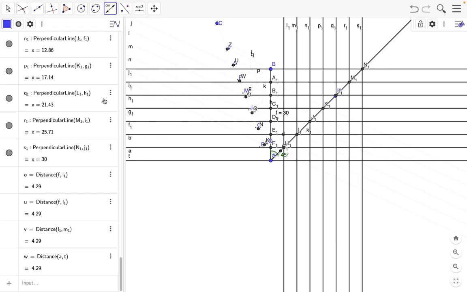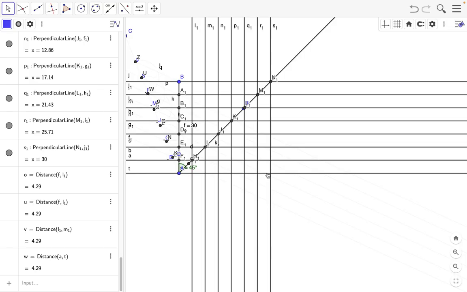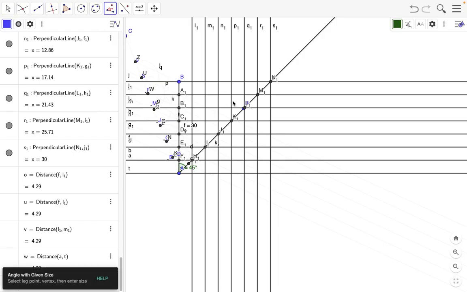Now you can continue doing that, because after you finish 7 squares, then again you have to draw on these. That means you have to extend that. So for that you have to again draw a line.